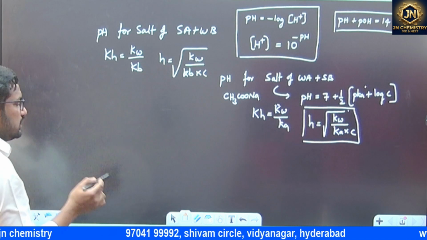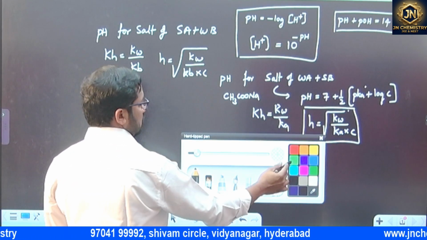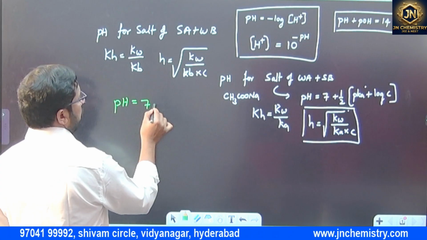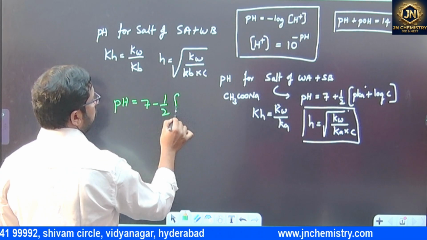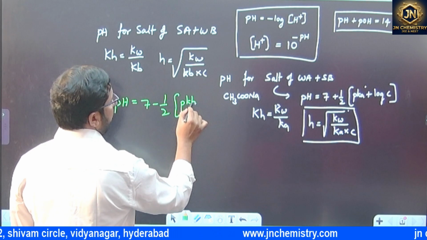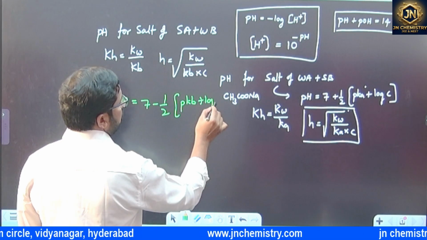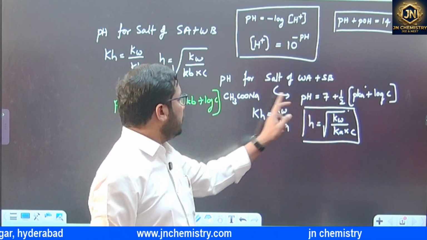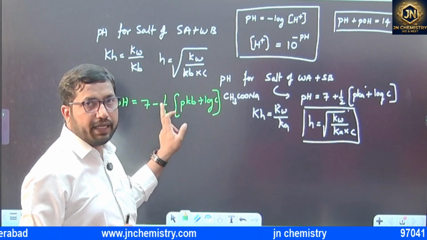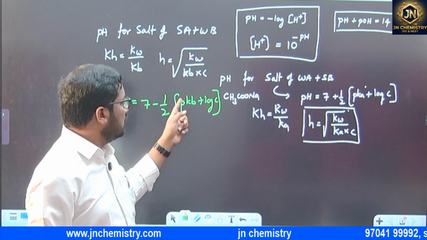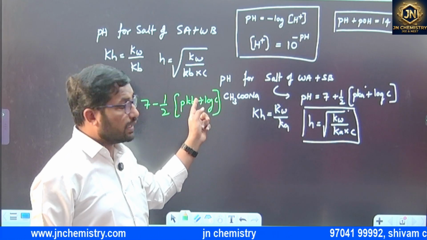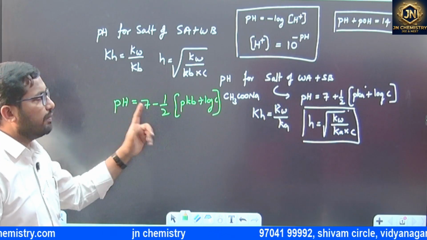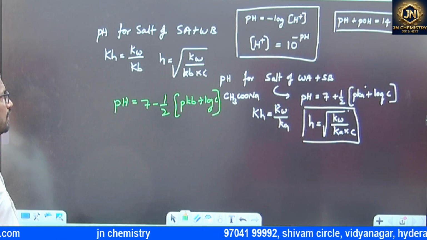What about the pH? pH is equal to 7 minus 1 by 2 pKb plus log C. See now, the difference here is 7 plus, and in case of pKb, 7 minus 1 by 2 pKb plus log C, it is plus. So only the difference is plus and minus, right?